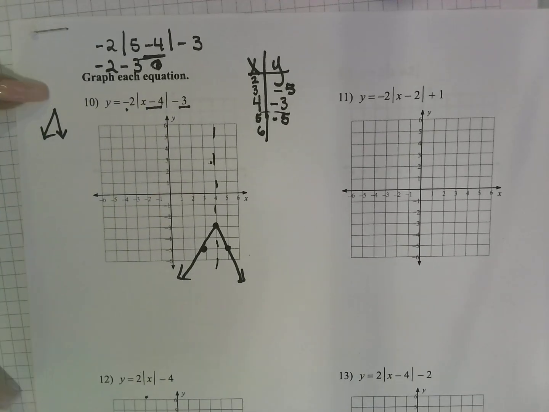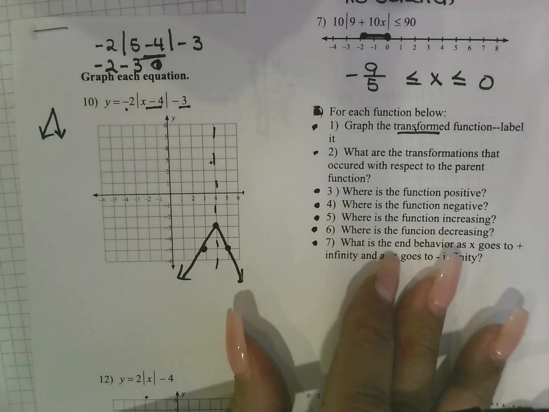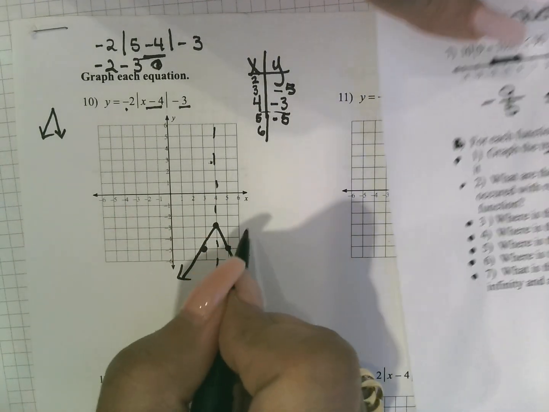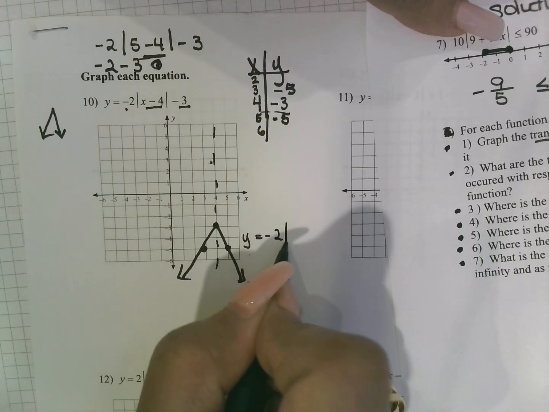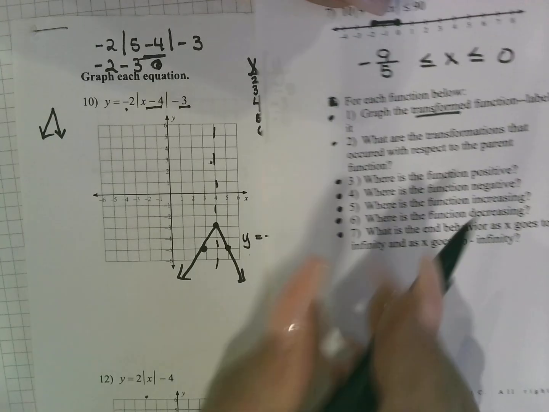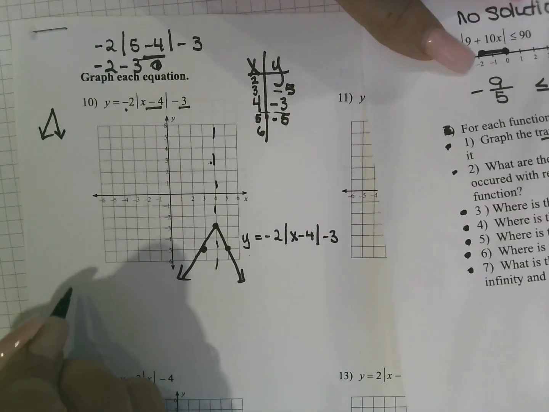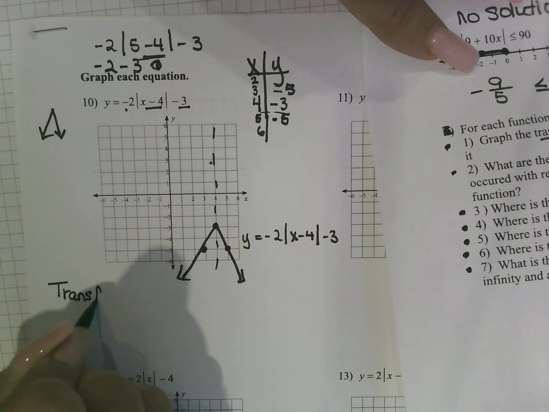So we have the graph, which is the first part, and then the instructions say to graph the transformed function and label it. This is y = -2 times the absolute value of (x - 4), minus 3. What are the transformations that occurred with respect to the parent?